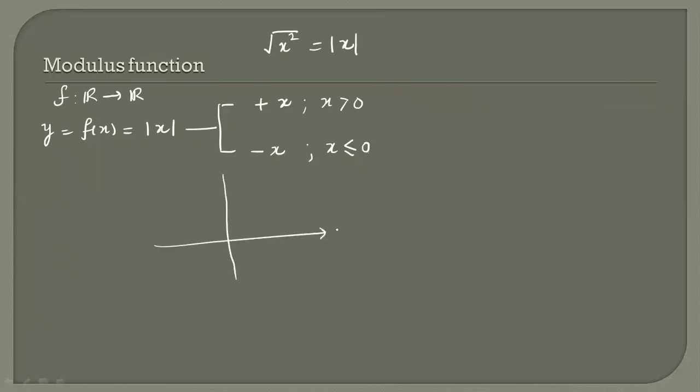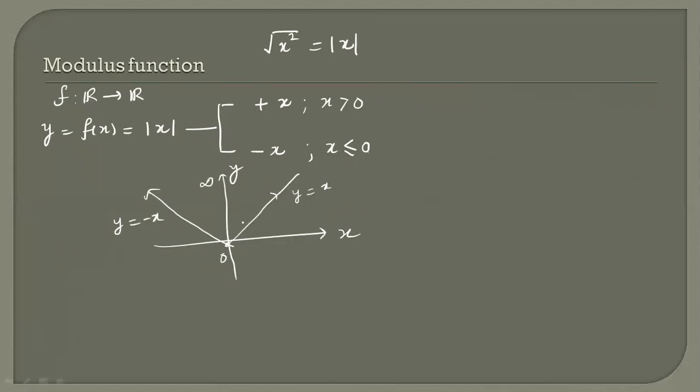If you draw the graph of mod x, for x greater than 0, it is the y equal to x line. If x is less than 0, then it is the y equal to minus x line. So if you merge both, x and minus x, it will become mod x. So this is the graph of mod x.